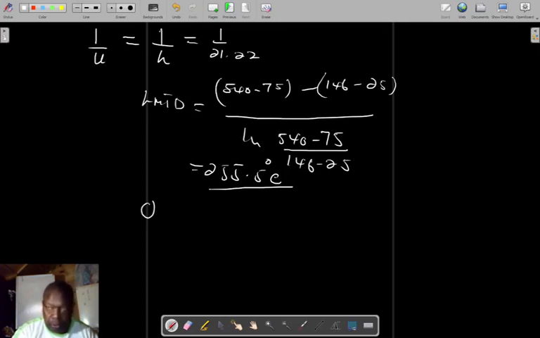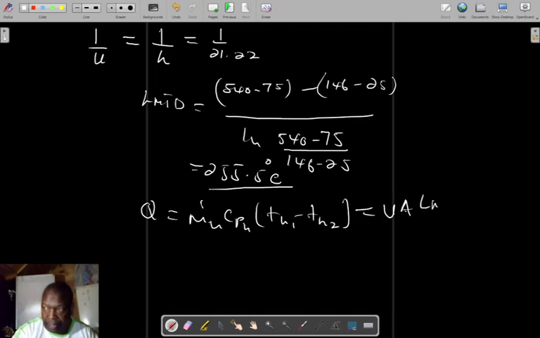So Q is equal to m dot h cp h, Th1 minus Th2, which is equal to U A LMTD.